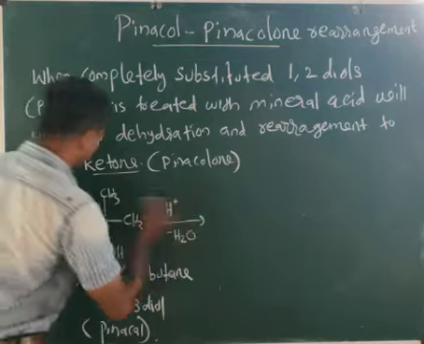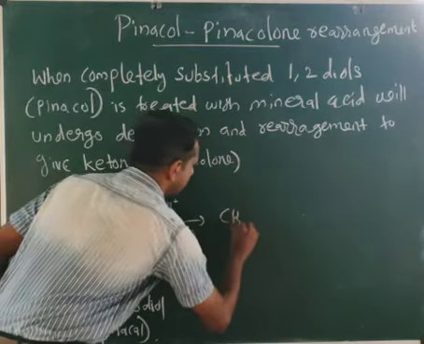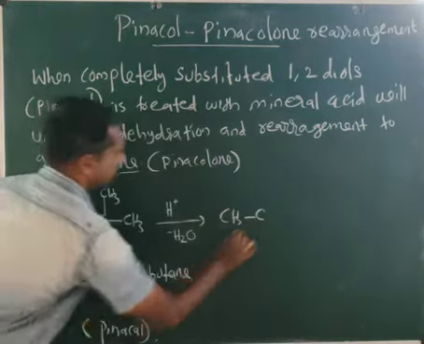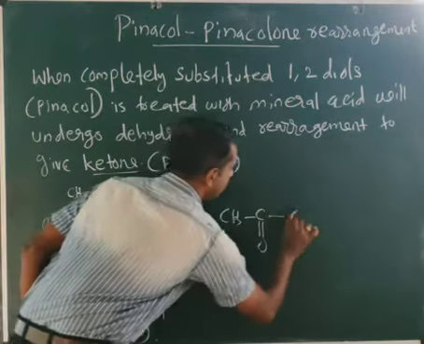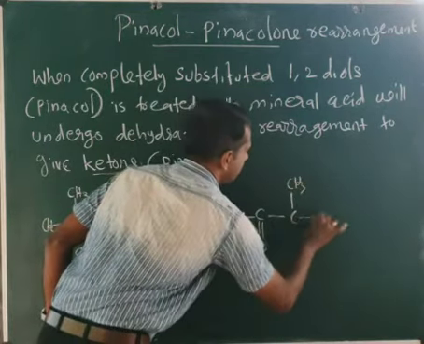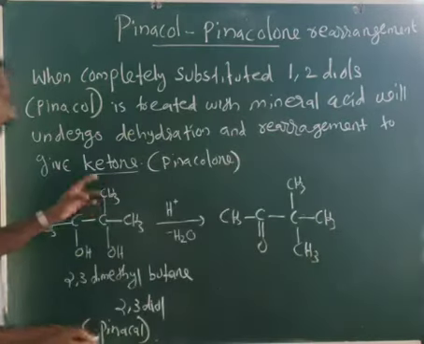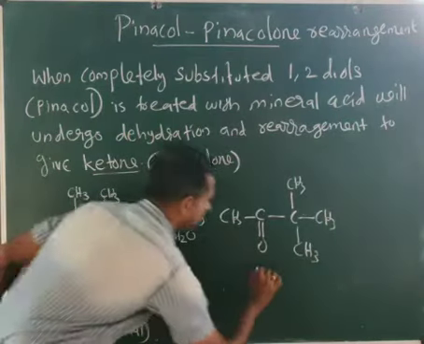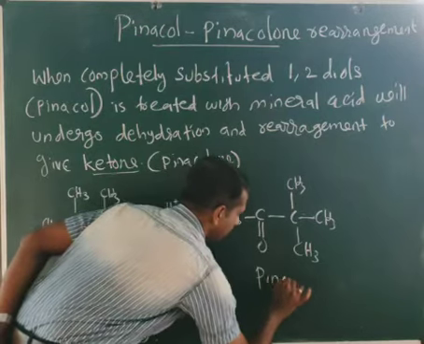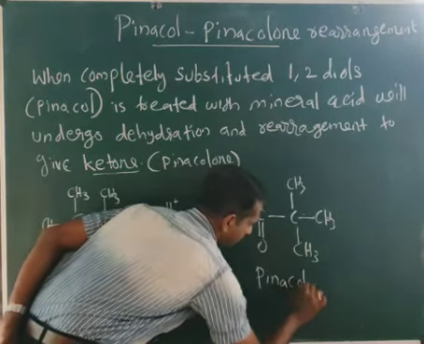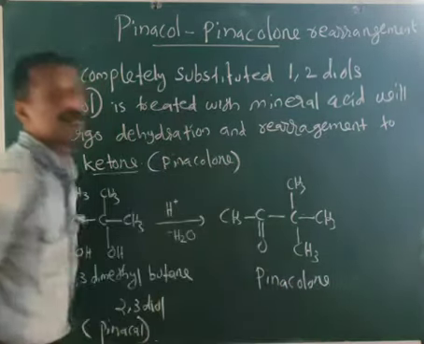Suppose you get a ketone like this: CH3, C double bond O, C, CH3, CH3, CH3. This ketone is known as pinacolone.